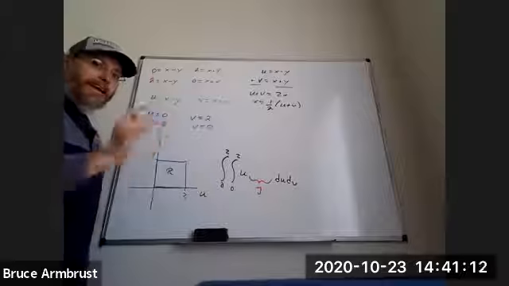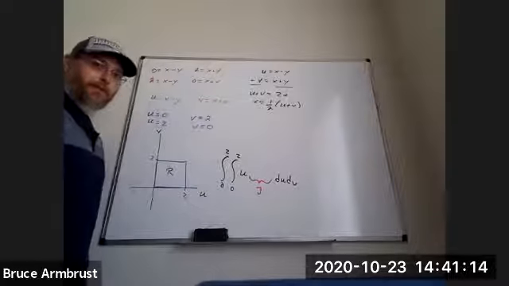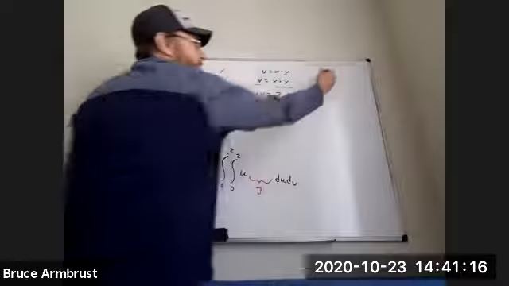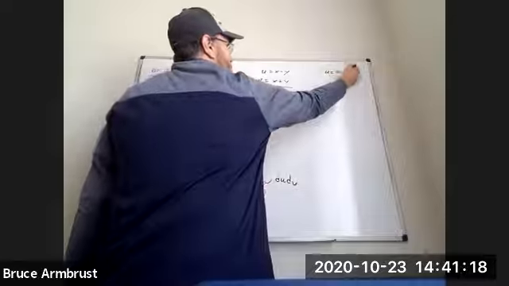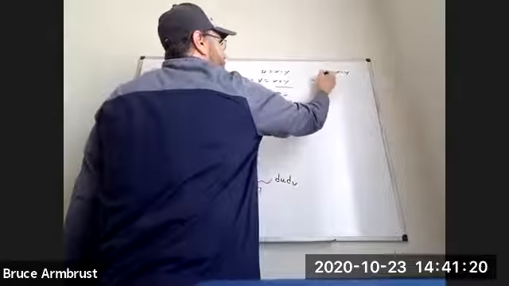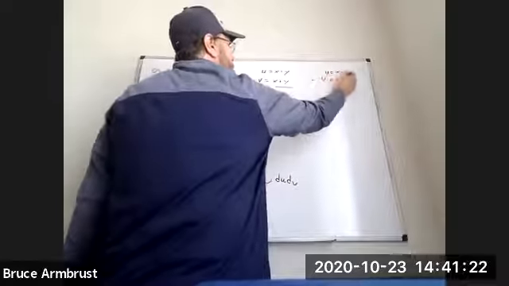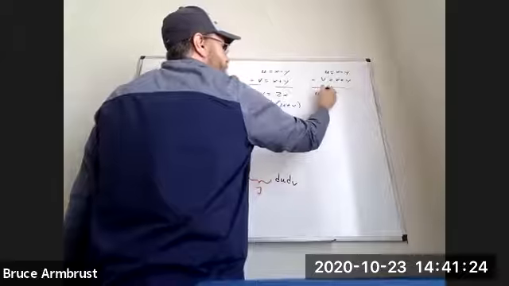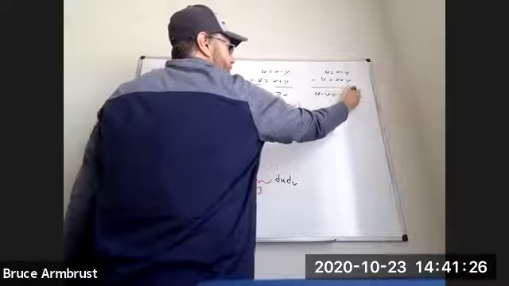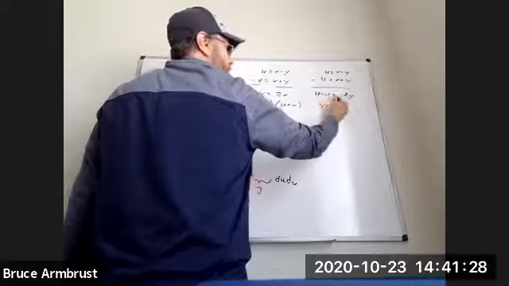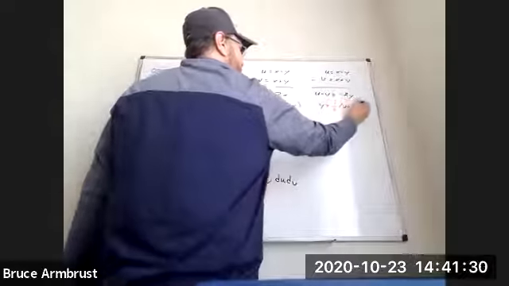There is my x in terms of u and v. I can do something similar if I subtract. So now I get u minus v equals minus 2y. So y is 1/2 (v minus u).